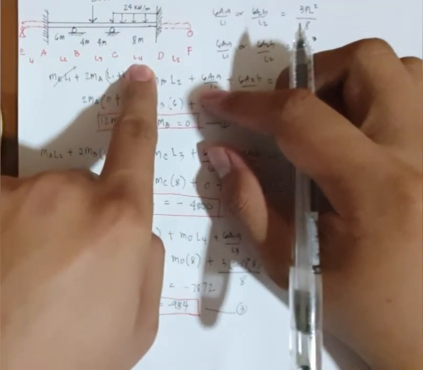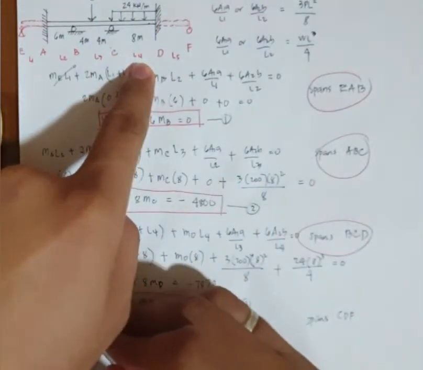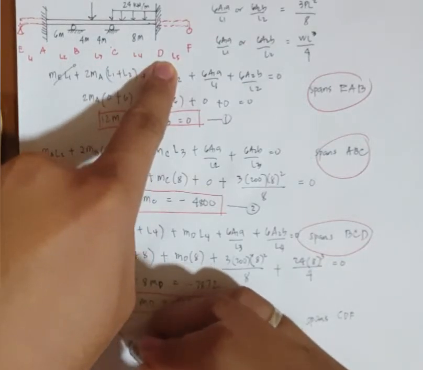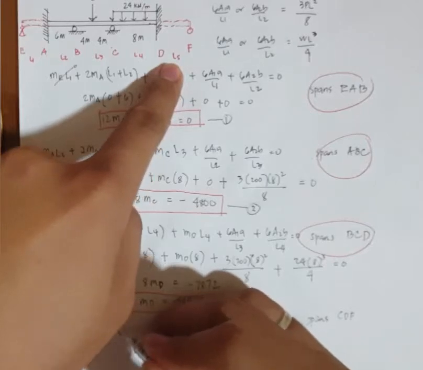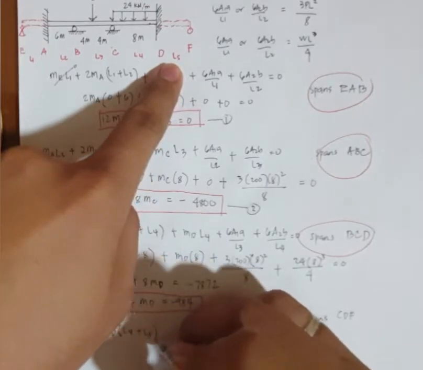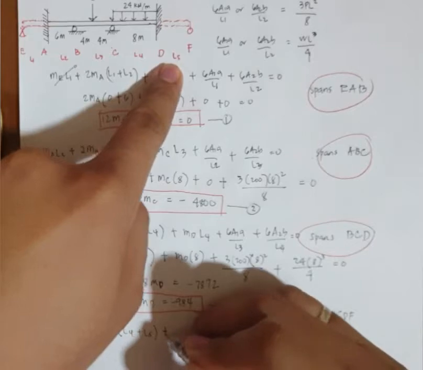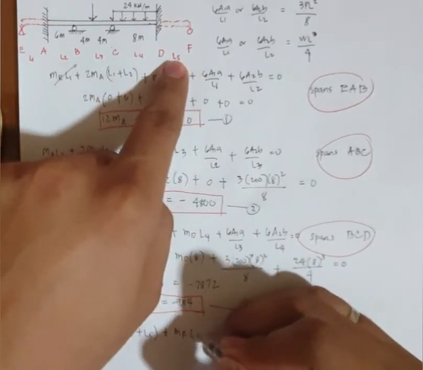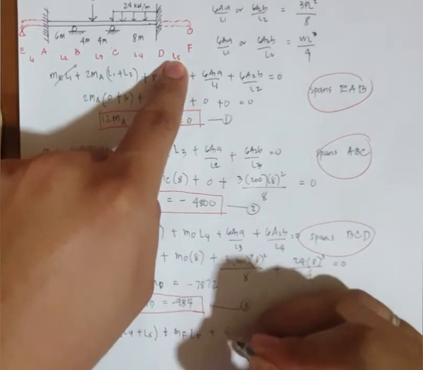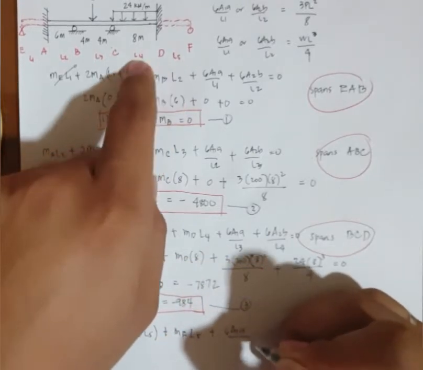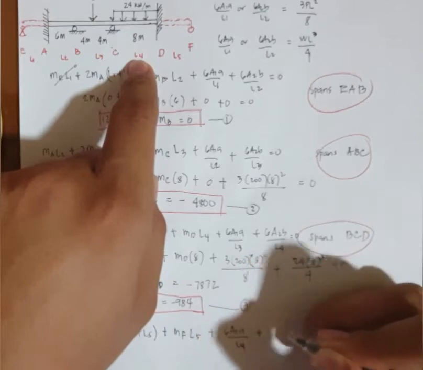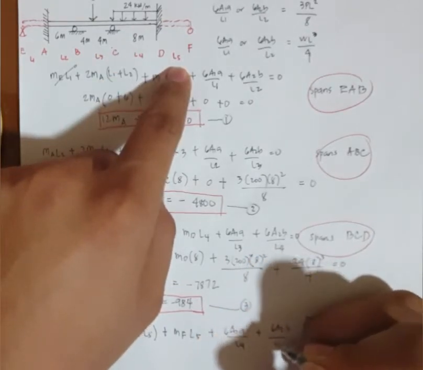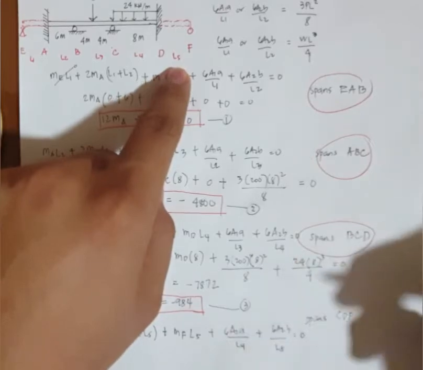MC L4 plus 2MD L4 plus L5 plus MF L5 plus 6A1A over L4 plus 6A2B over L5 equal to 0.